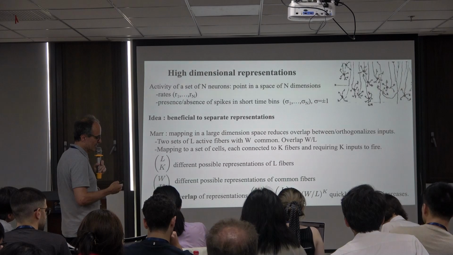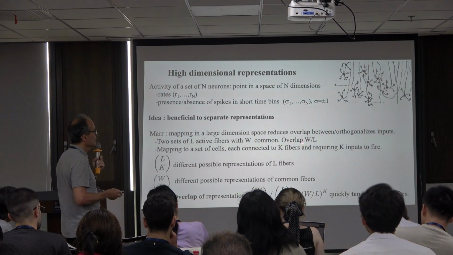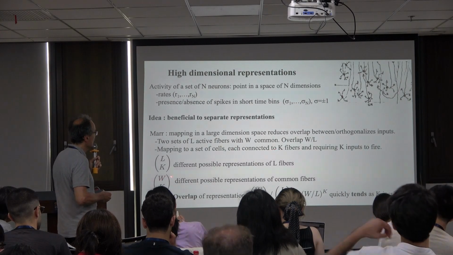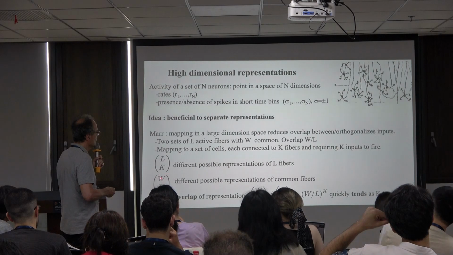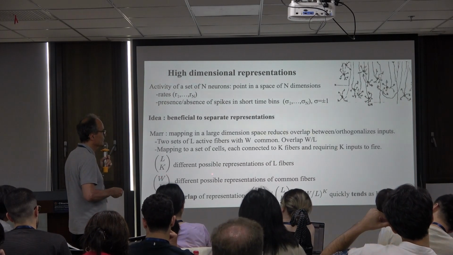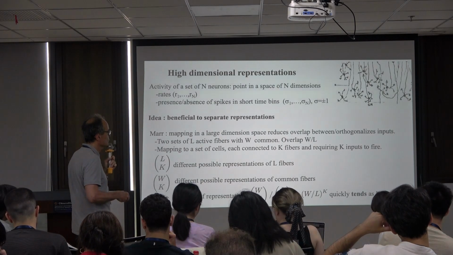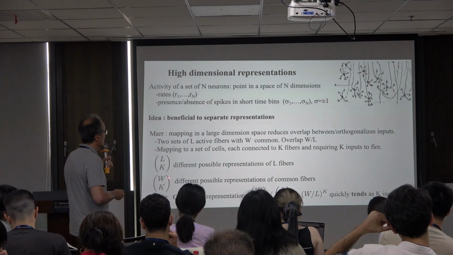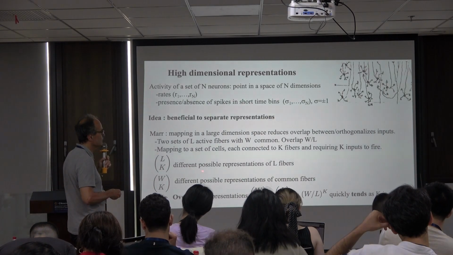But the possibilities for the overlap in this new representation is not W. You should choose K from the W that are common for the overlap. So if you look at the overlap between these two representations, you have W choose K over the total number of possibilities.